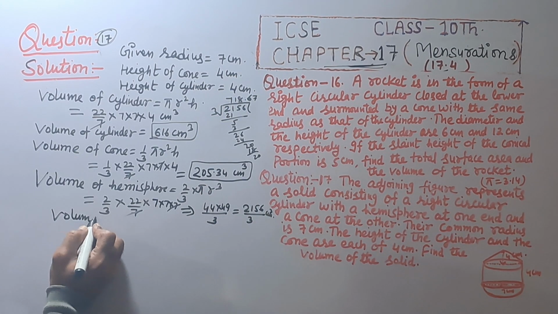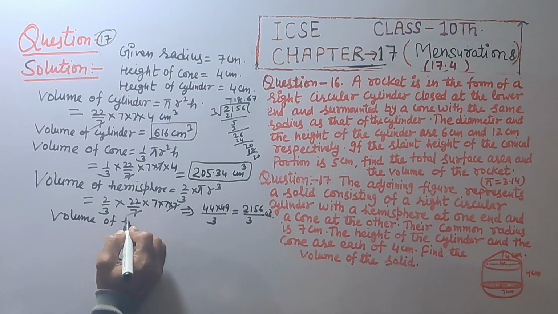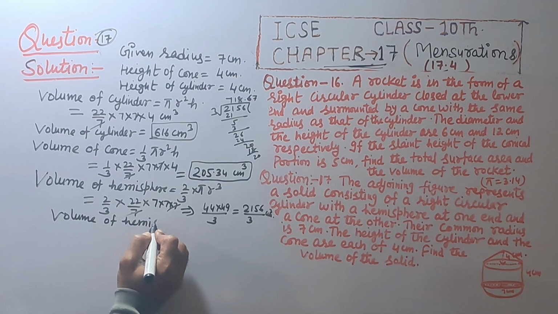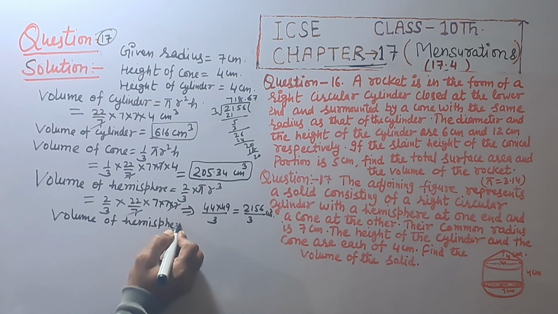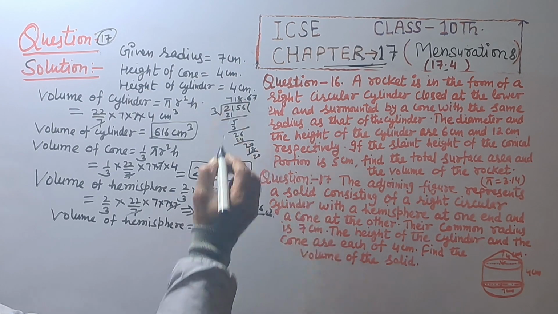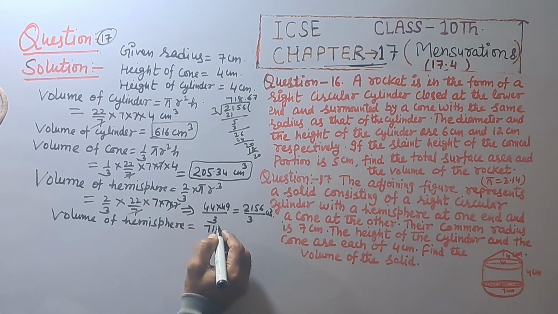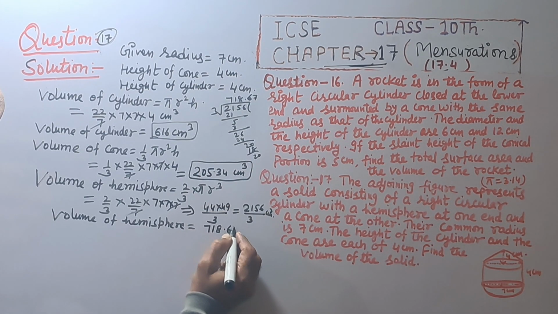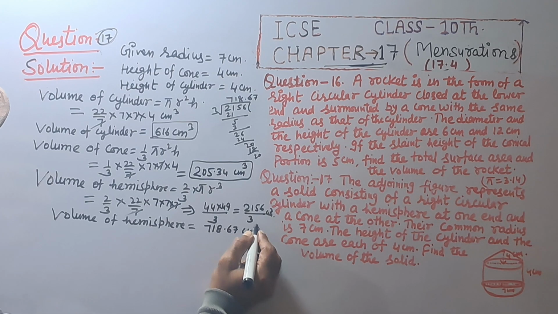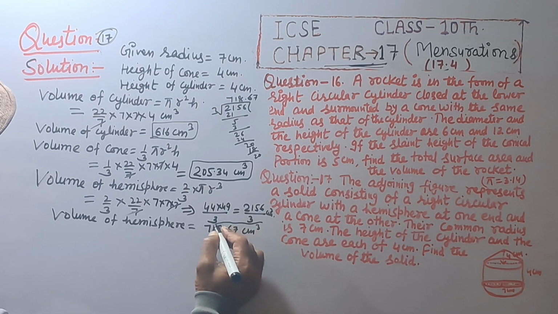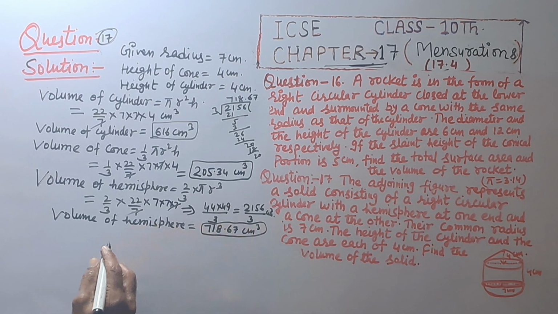So volume of hemisphere equal to 718.67 centimeter cube.